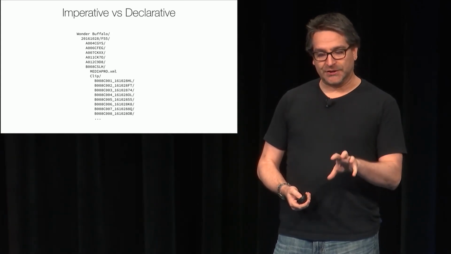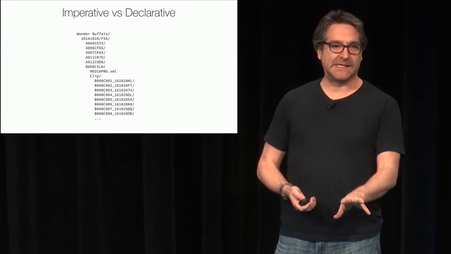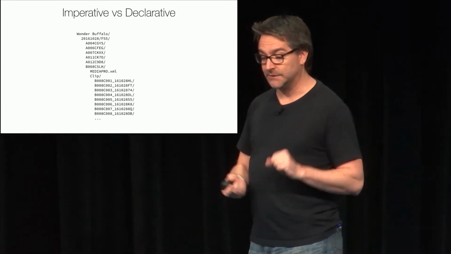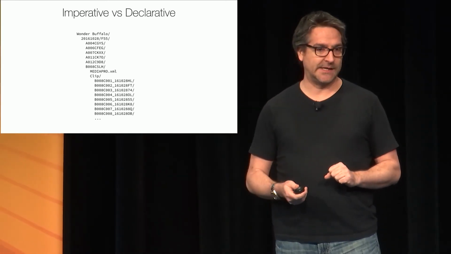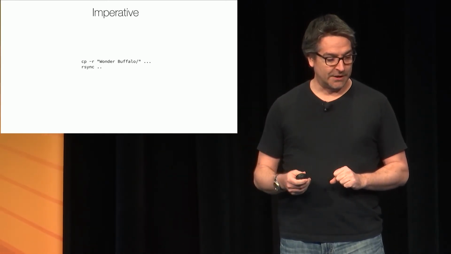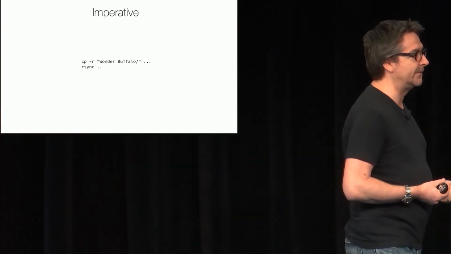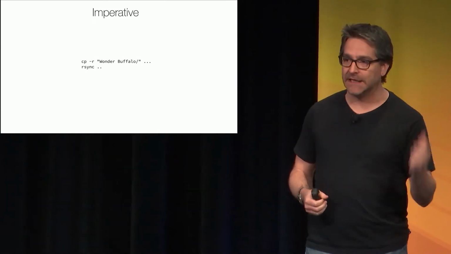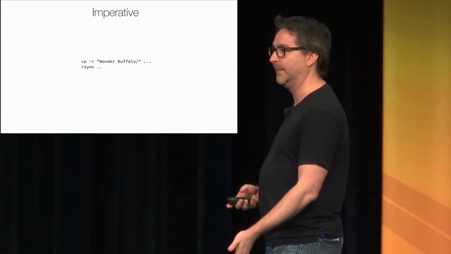So applying this idea to the very simple idea of file navigation, knowing where your files are, moving files around, and determining where they should be, I wanted to show the difference between imperative and declarative thinking. Imperative would be to issue the instructions to do the copying, right?